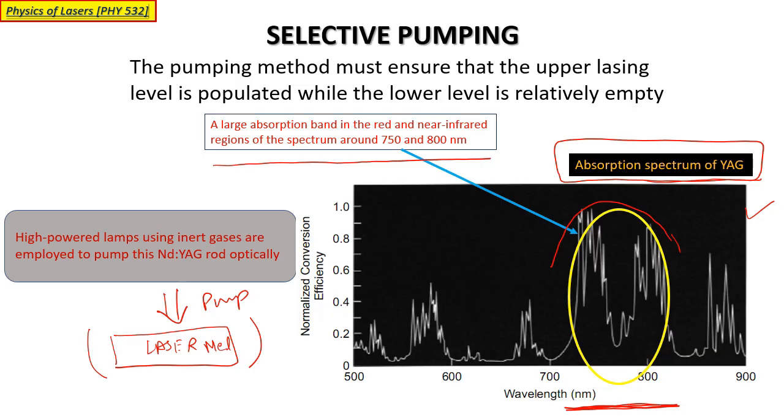Here is one example, the YAG laser, and we already know that there are a number of solid state lasers and a number of gas lasers. Mostly the pump source we use for the solid state laser is the flash lamp, filled with inert gases.